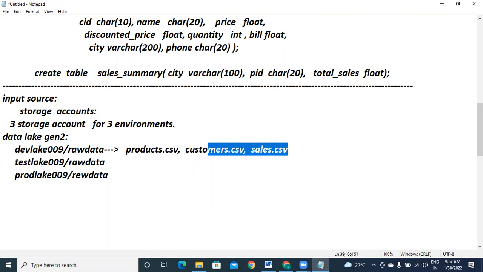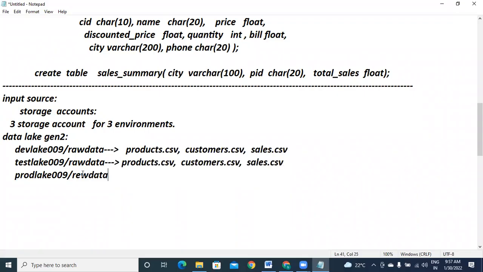In all these 3 environments, these are the 3 files. No change in the file names also. But here, sample data.